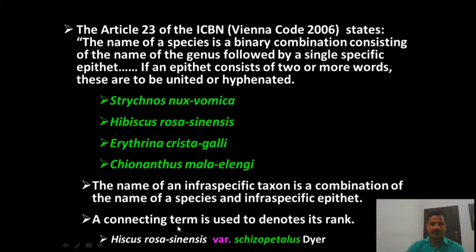So this is the species Hibiscus rosa-sinensis. The infraspecific epithet is schizopetalus, and the infraspecific epithet and the species name are connected by var., which means variety. A connecting term is used to denote its rank.